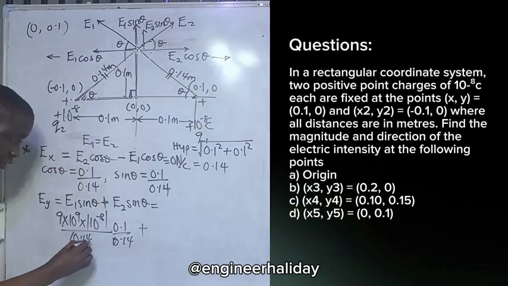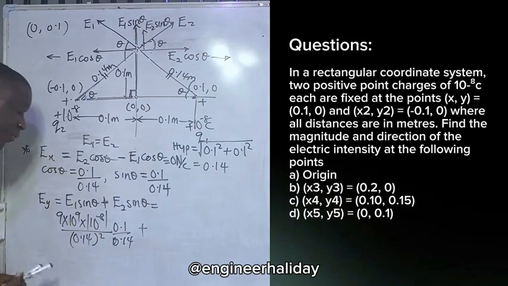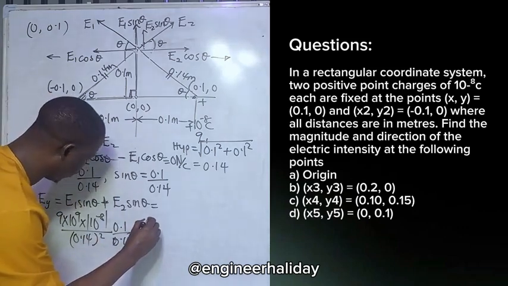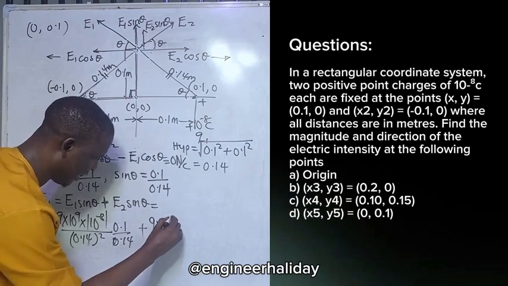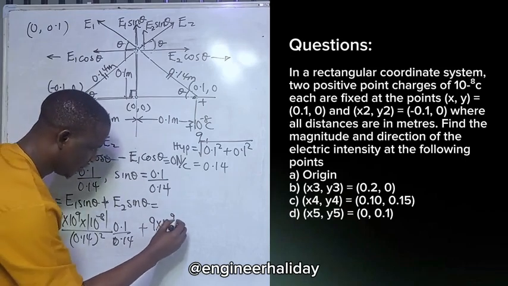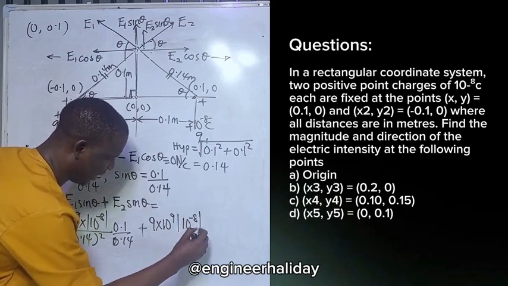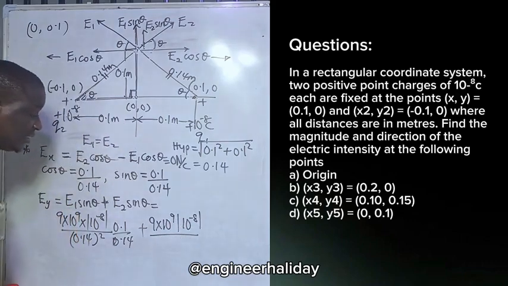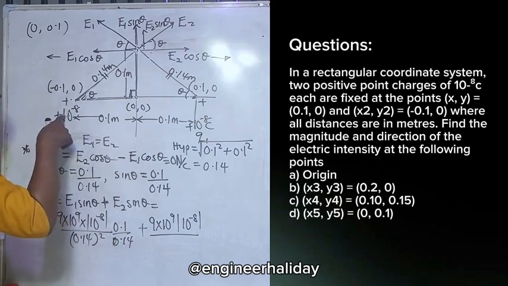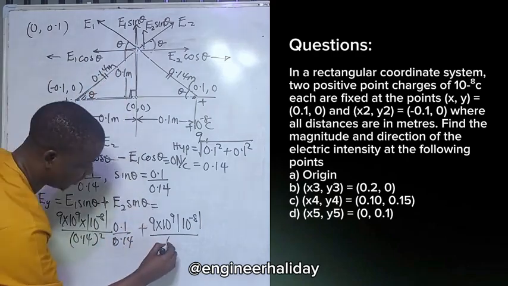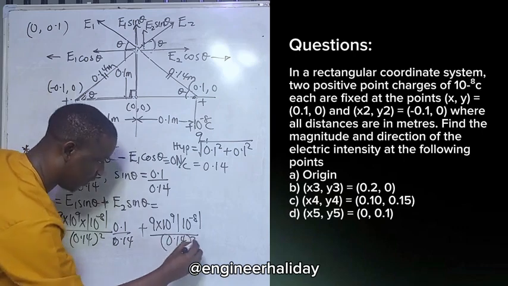Plus, E2 is 9 times 10 to the power 9, absolute of 10 to the power minus 8 divided by point charges. What is E2? The charge Q2 from that point is 0.14.